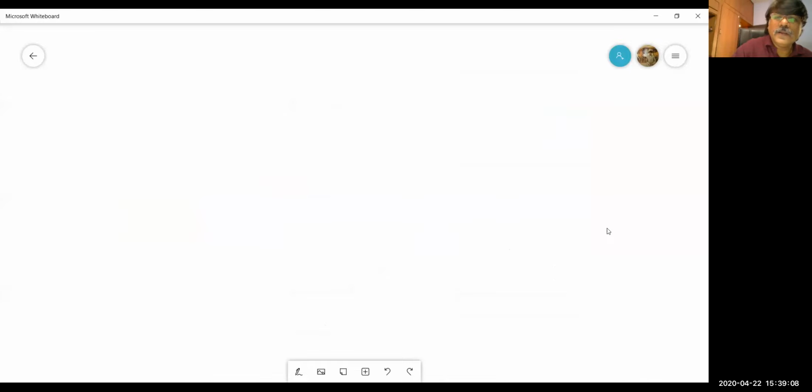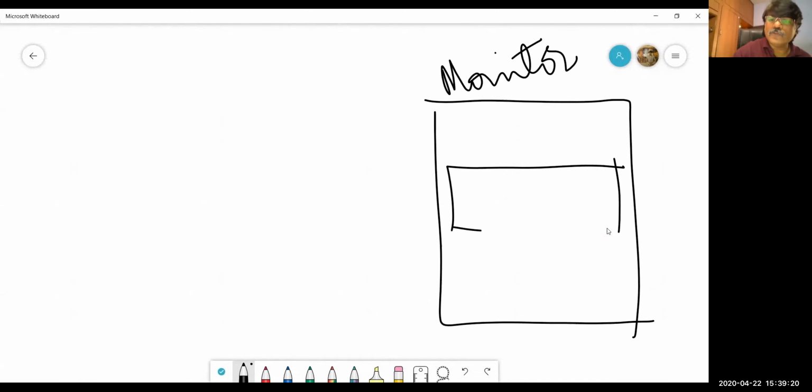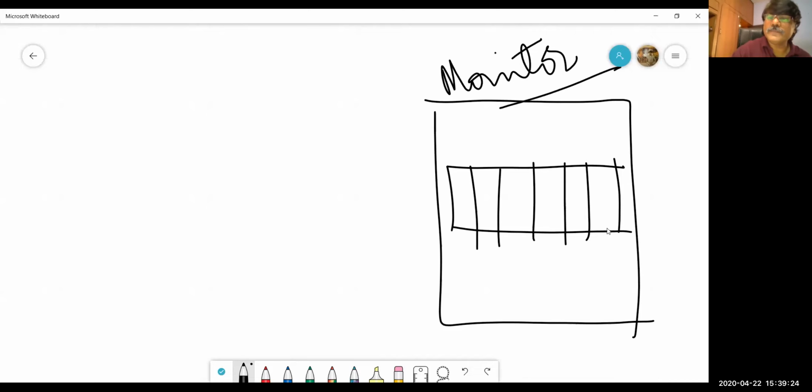So what the monitor does is, this is the monitor. Now the buffer that is used by the producer and consumer will belong to the monitor. Let us say the monitor is a program that implements mutual exclusion and allows indirect access to the data.